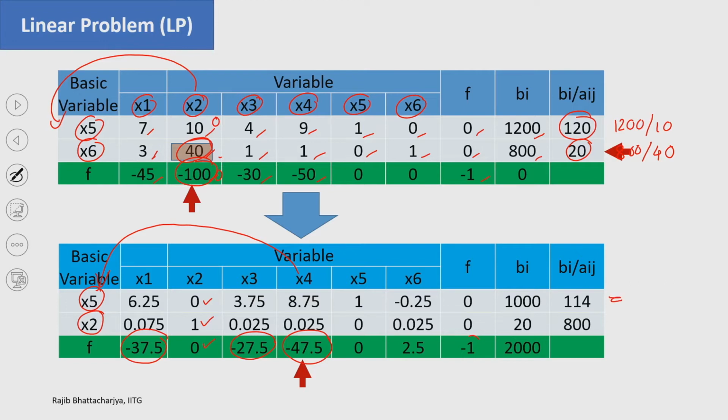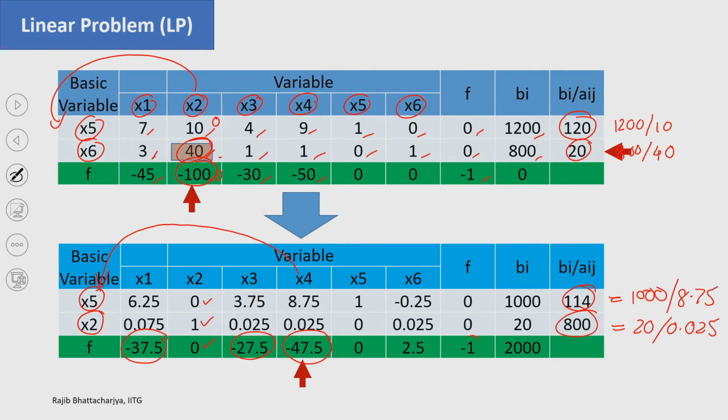The ratio here is 1000 divided by 8.75. So, I am getting 114, and the second one is this, 20 divided by 0.025. Okay. So, I am getting 800.